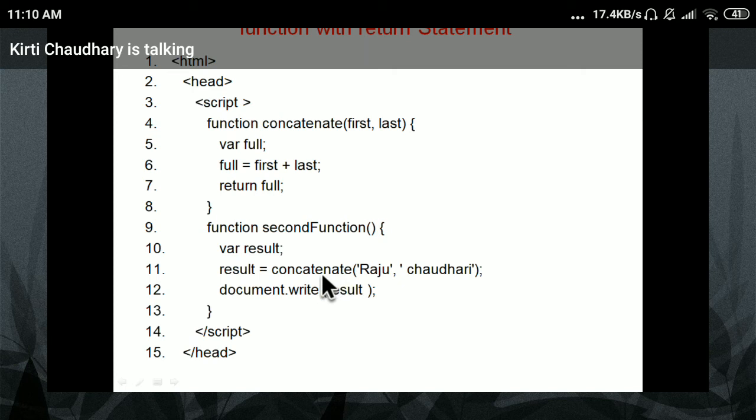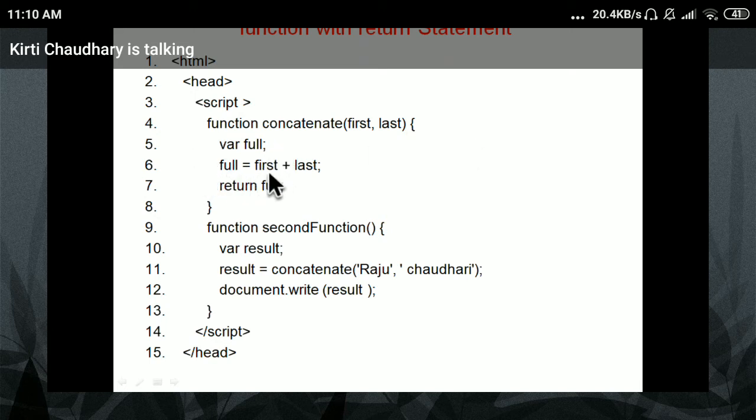Now concat Raju and Chaudhary is passed to the first function. Now first equals Raju and last equals Chaudhary. Using this, you will get the full name.